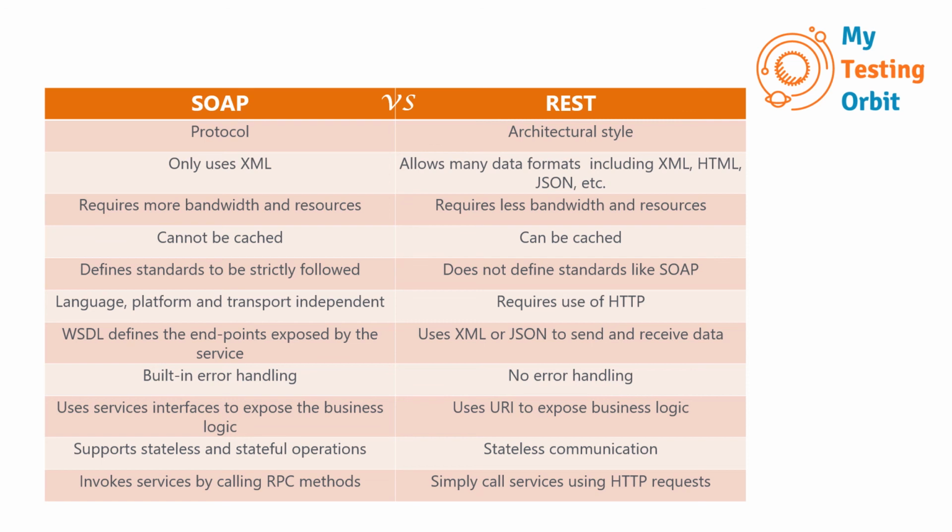SOAP uses a services interface to expose the business logic, while REST uses URIs to expose business logic. SOAP supports stateless and stateful operations, while one of the principles of REST is stateless communication. SOAP invokes services by calling RPC methods, while REST simply calls services using HTTP requests.